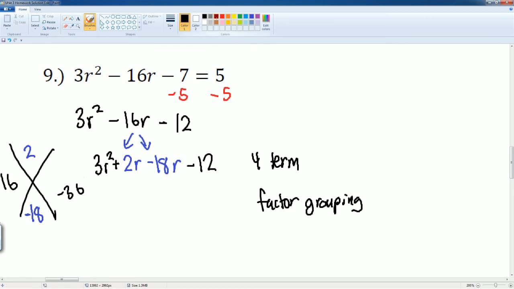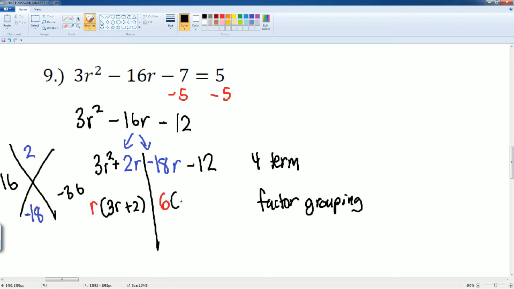All right, let's factor by grouping. Let's draw the line and pull out the GCF. Here I pull out an r, leaving me with 3r plus 2. Let's see, what can I pull out here? Can I pull out a 3? No, but I can pull out 6.